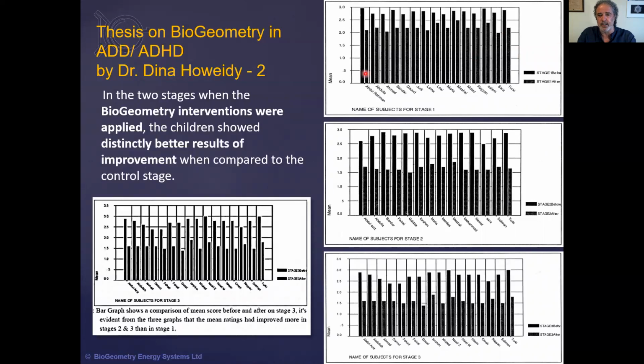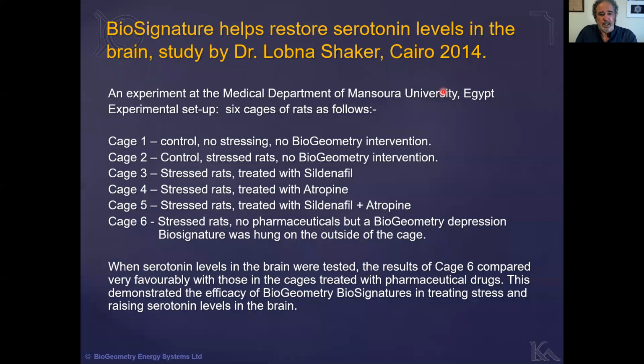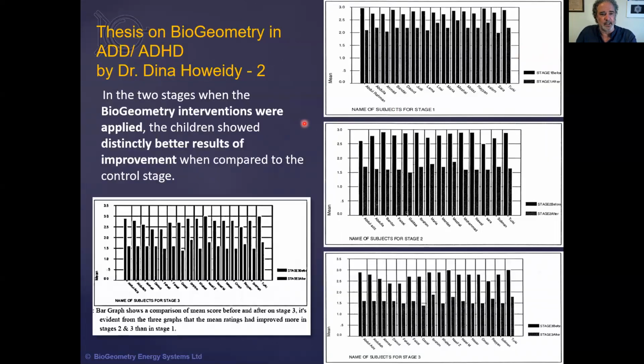You can see the comparisons in the 2 bars of the graph each time in the different stages, without biogeometry, with biogeometry, for instance. And the fact is that in the 2 stages when the biogeometry interventions were applied, the children showed distinctly better results of improvement when compared to the control stage.